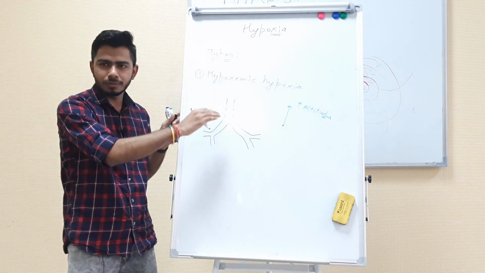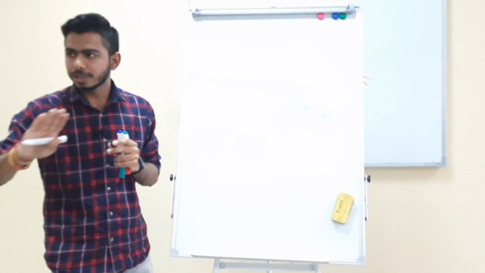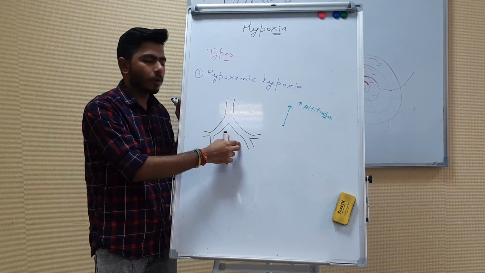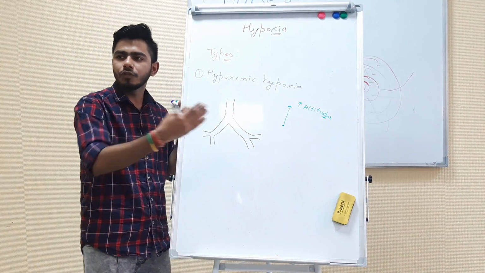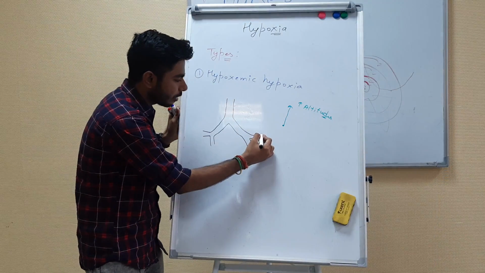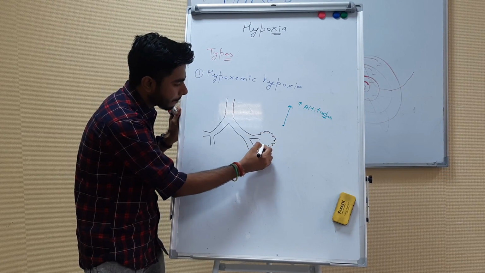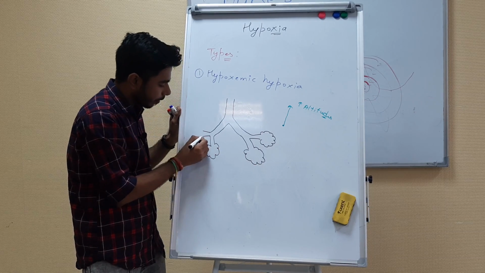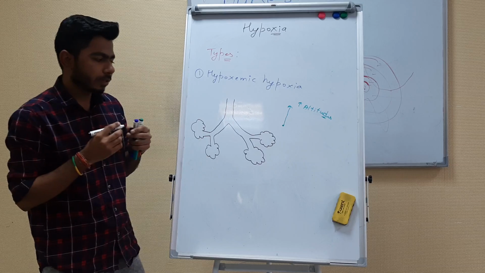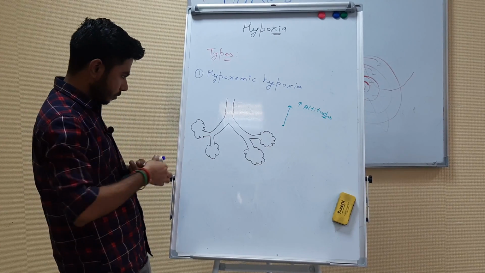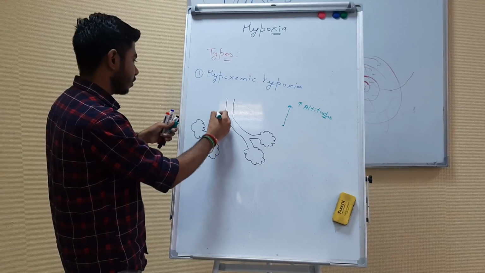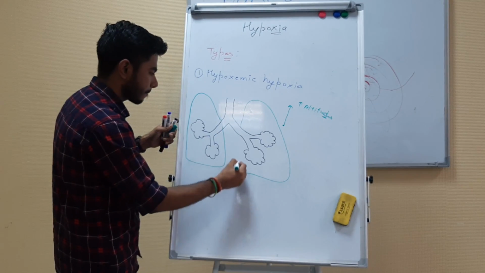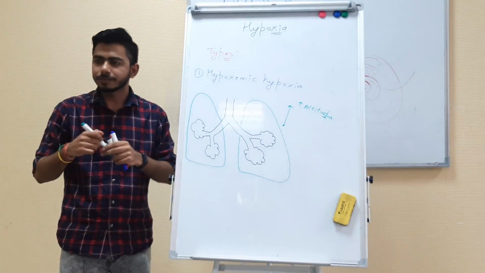I am not talking about those divisions, but for now just understand that this is the functional diagram. So the trachea, then the bronchi, then the bronchioles, and eventually you will have alveoli. Here are the alveoli, and these are the lungs.